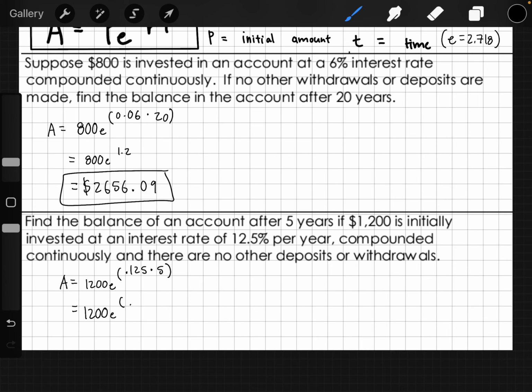And this is 1,200 times e to the power of 0.625. And A equals $2,241.90.